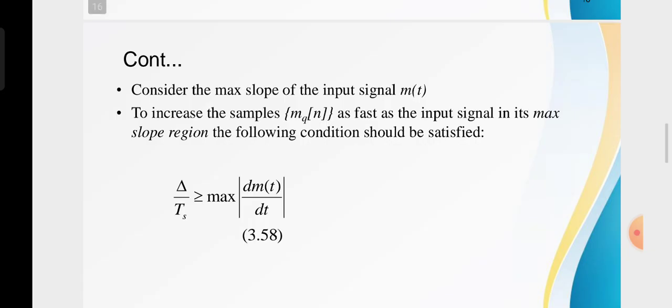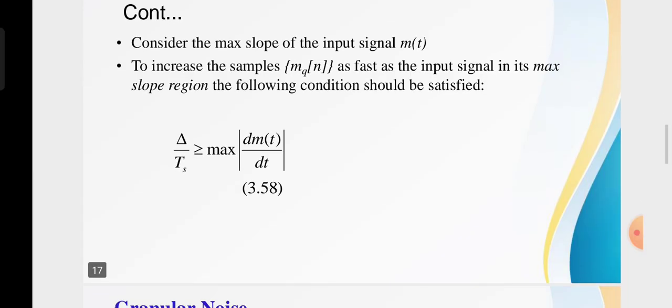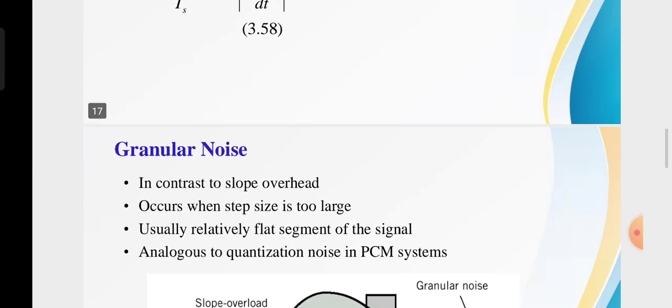So how to avoid the slope overload distortion? To let the staircase follow the input signal in the maximum slope region, the following condition should be satisfied: delta by Ts is greater than or equal to the maximum of dm of t by dt.